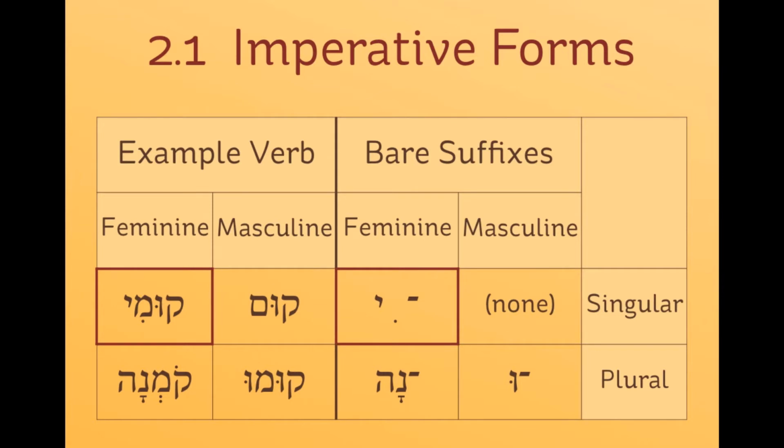All feminine singular imperatives end in E. All masculine plural imperatives end in U. And all feminine plural imperatives end in Na. There are no exceptions. So when you see an imperative, you can know what the referent is by looking at what's at the end. And you'll be right 100% of the time with this chart.